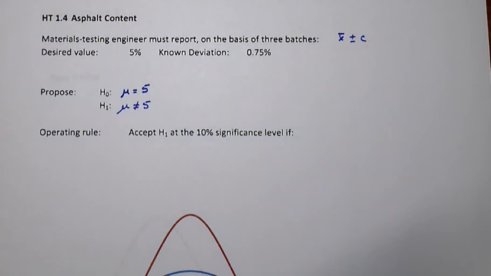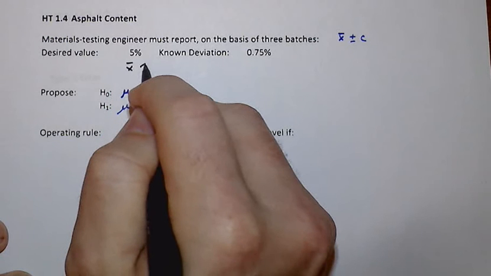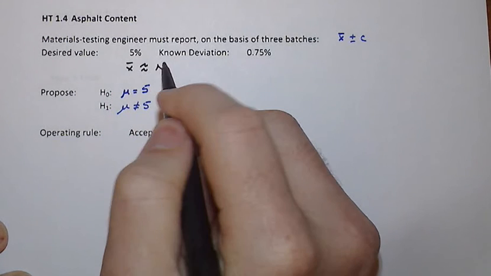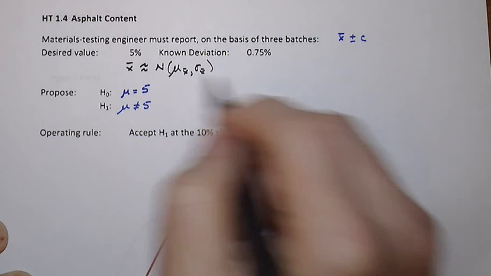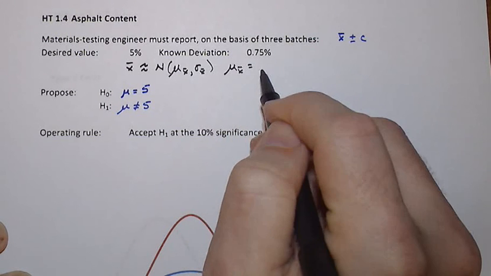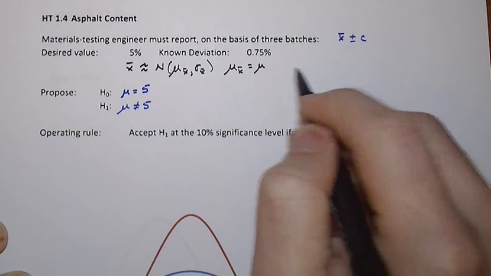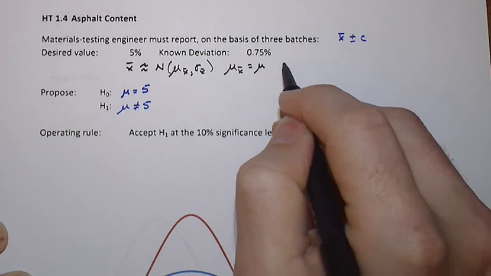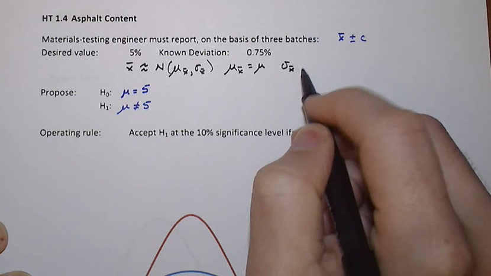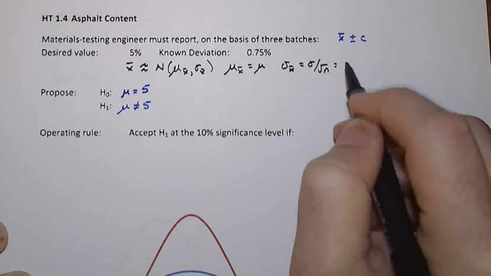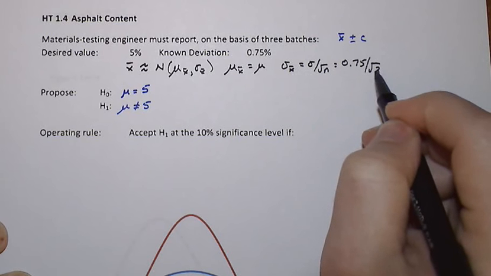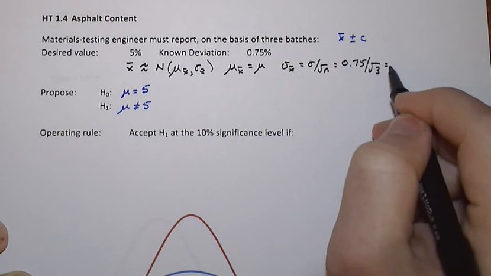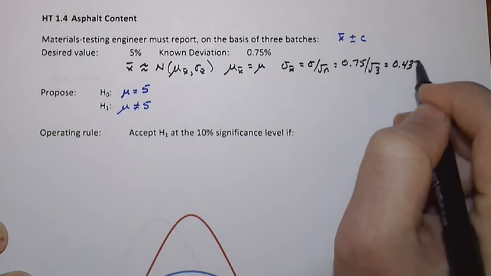Okay, now we know that our sample mean is going to be approximately normal with its own mean and standard deviation, and of course we know that that's going to be equal to our true mean, and our standard deviation is going to be equal to sigma over square root of n, or 0.75 divided by square root of 3, since we're using a real small number here, 3 batches, n equal to 3, and that's about 0.433.